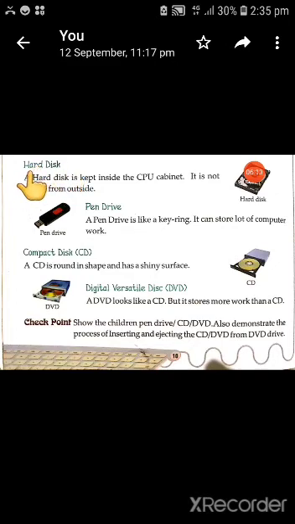Number 1 is hard disk. Hard disk, H-A-R-D hard, D-I-S-K disk. You can see here a hard disk is kept inside the CPU cabinet. It is not visible from outside.